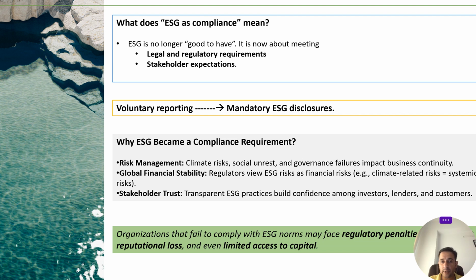Then global financial stability. Regulators view ESG risk as financial risk, obviously, right? For example, if an organization has, say, 20 manufacturing units, and one of the manufacturing units is situated near the river bank, or is prone to floods during the rainy time, the monsoon time, then it may lead to a financial loss if the flooding happens, right?